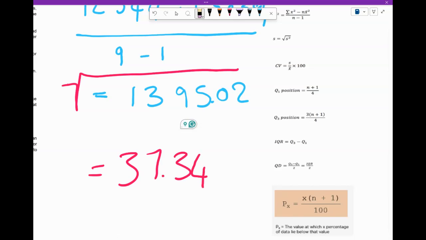Okay, if I round off to 2 decimal places, that would then be my standard deviation.